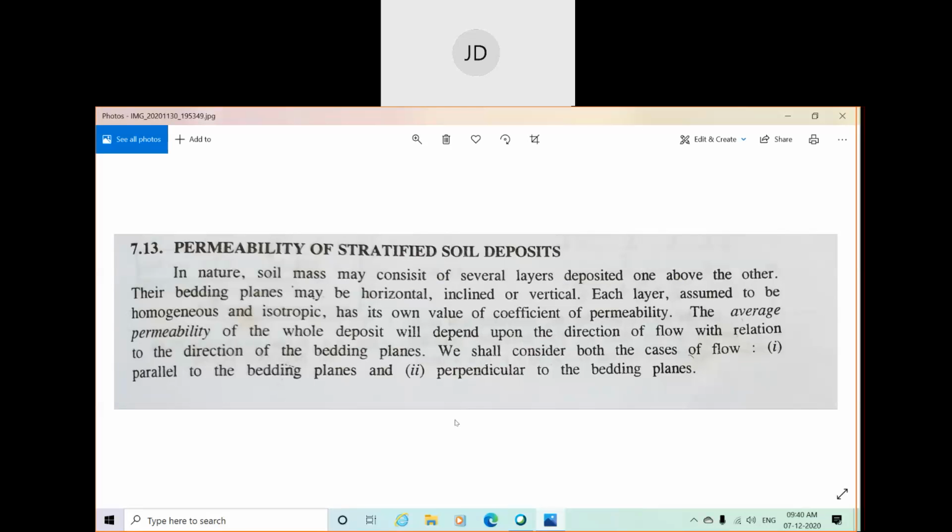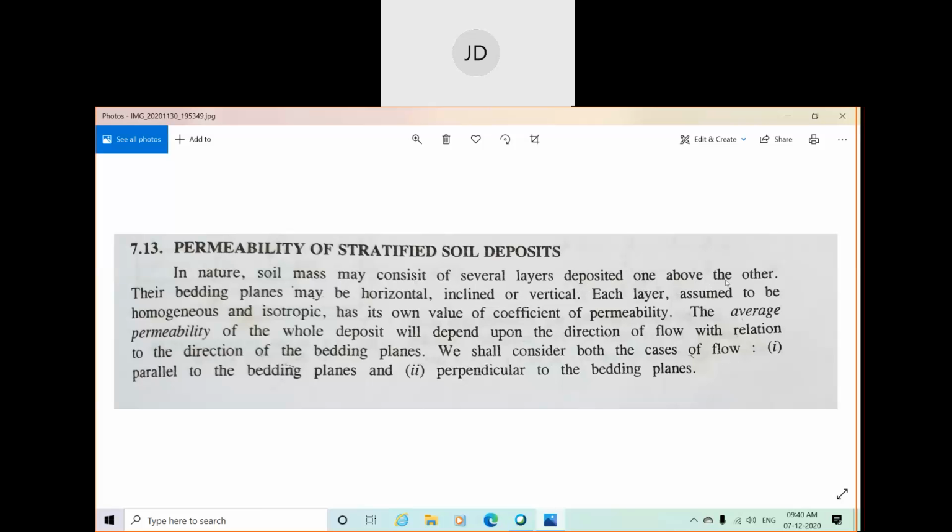So about stratified soil that I already mentioned to you, here I have taken this screenshot from a book of Soil Mechanics and Foundation Engineering written by B.C. Punmia. Here you can see, in nature soil mass may consist of several layers deposited one above the other.